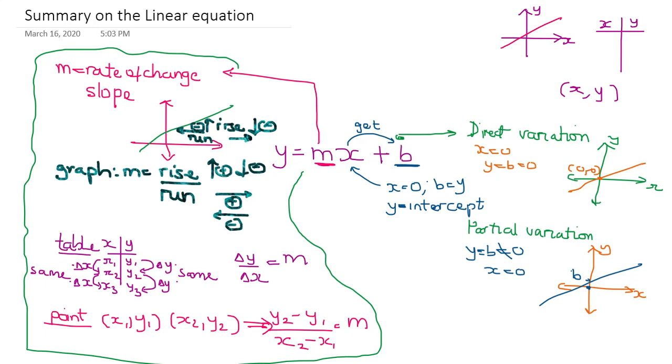And once you're able to recognize that, whatever value of x we put into this particular equation right here, we always get our y value, which is dependent on our slope and our y-intercept, which is represented as b.